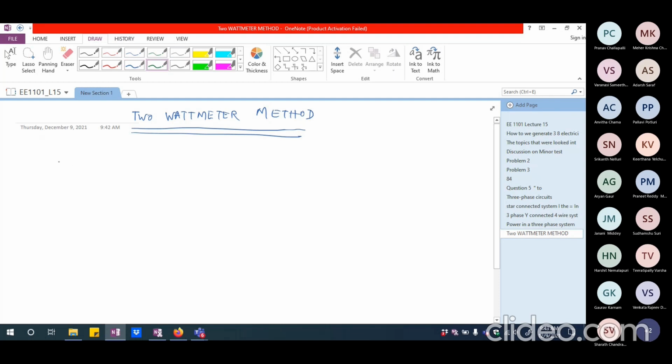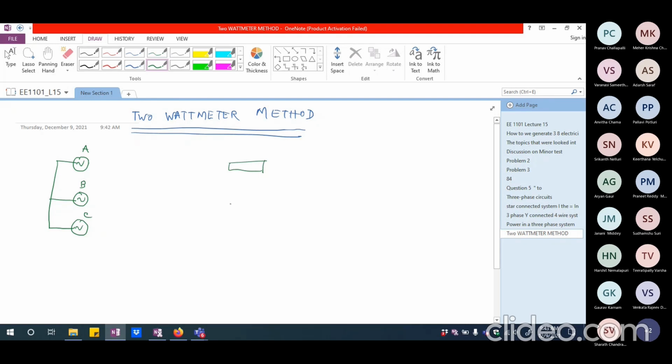Let us say I'm going to have A phase supply here and B phase supply here and C phase supply here. Now I am again assuming a star connected supply, but only with 3 wires, not the 4th wire. So it can very well be delta connected also, because I am relying only on the presence of 3 wires, not 4 wires. Now let us say I'm going to have again a star connected load.